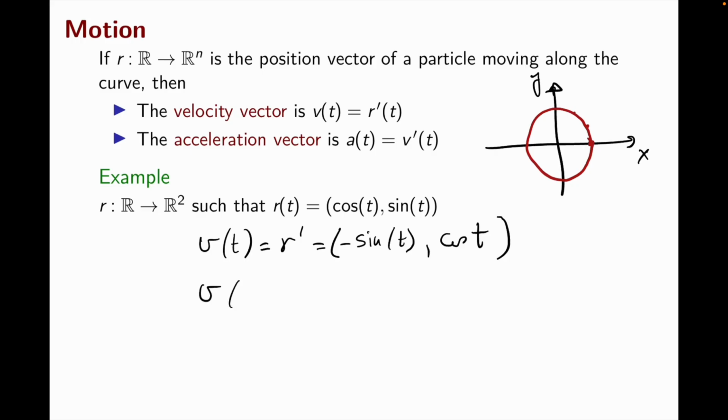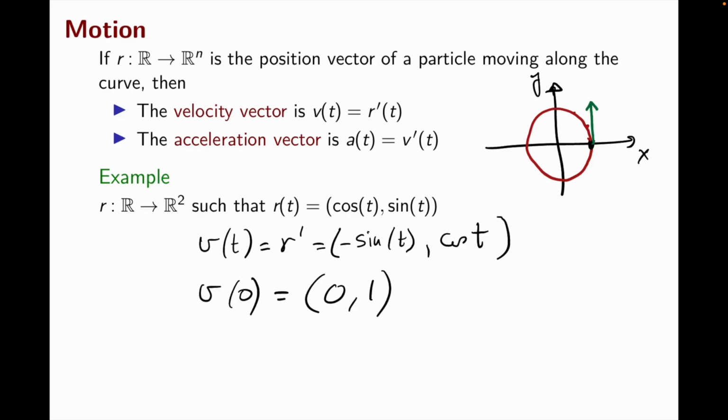For instance, at the beginning, at 0, what vector is this? Well, it will be minus sine of 0, which is 0, and cosine of 0, which is 1. So the vector is (0, 1). Here, this is the point where the parameter is equal to 0. The vector is 0 in x, 1 in y, so it will be a vertical vector like this. This is the velocity vector at 0.